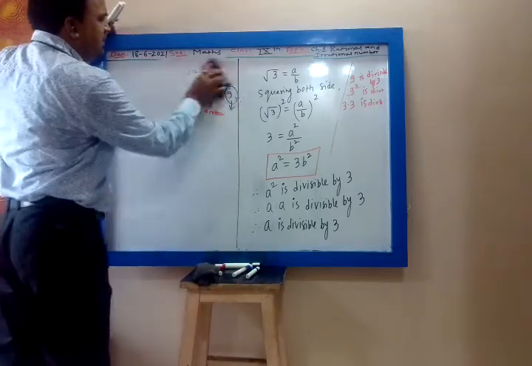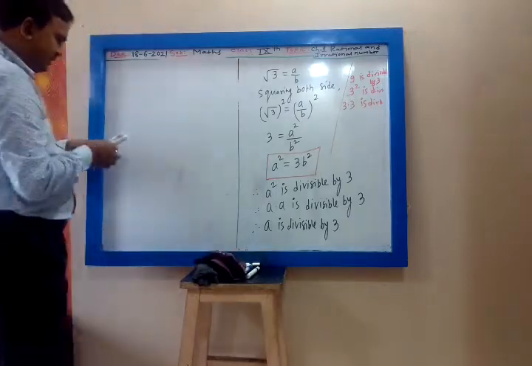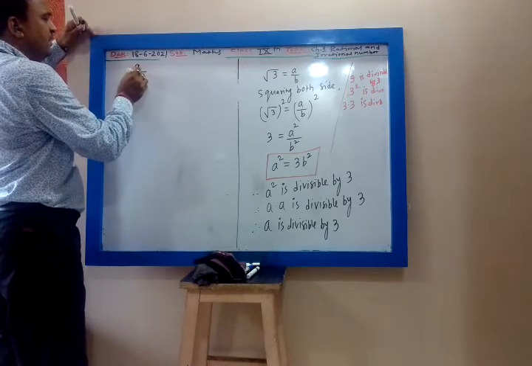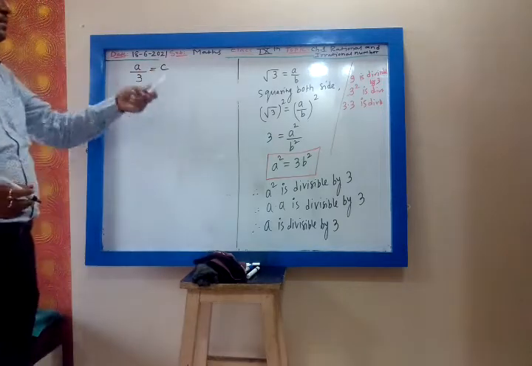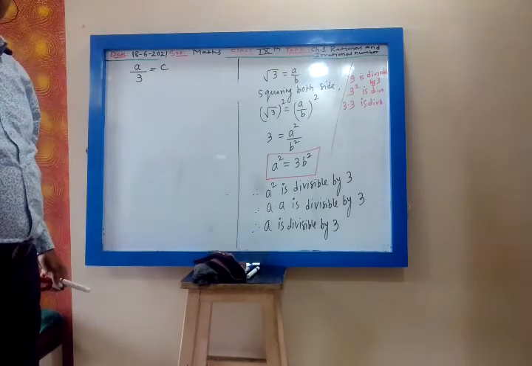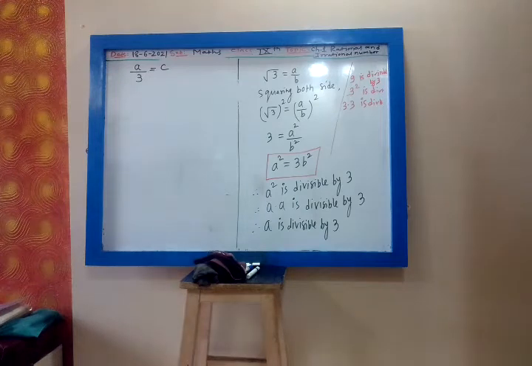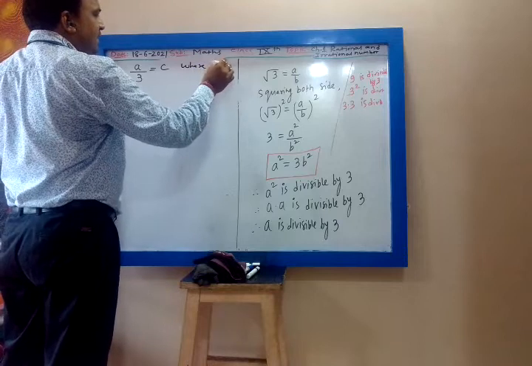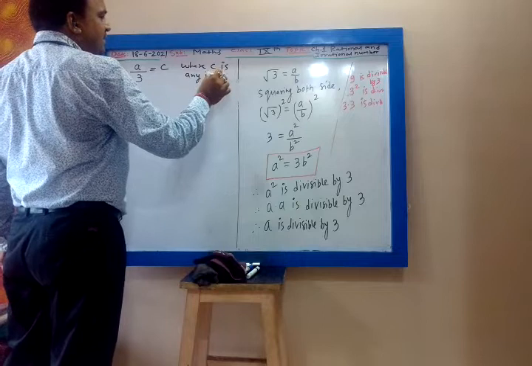Now we apply the same logic there. A is divisible by 3 means A upon 3 is equal to C. We take some other number because B is already used, where C is any integer.